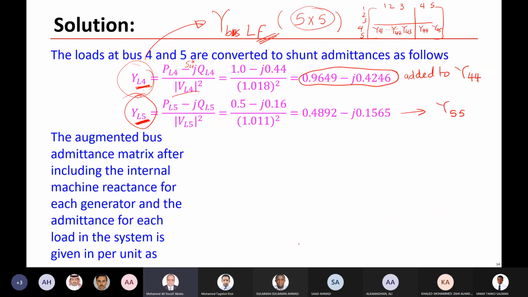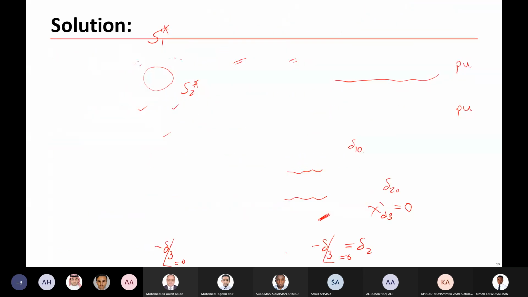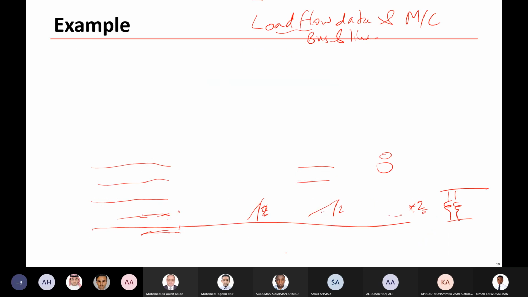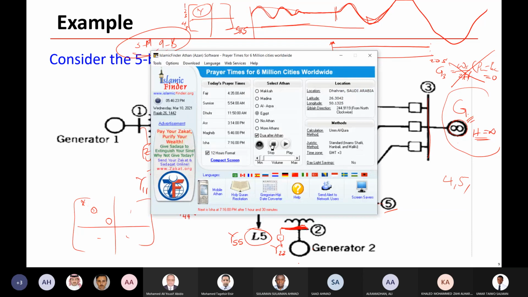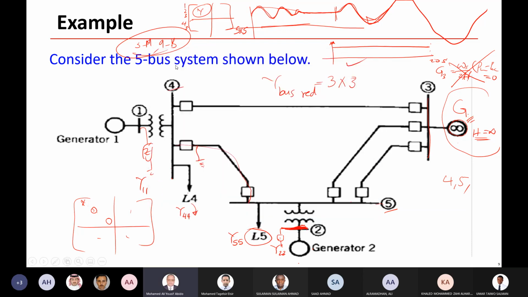If you look at the system configuration here, and if you have a solid fault here, how much power from generator 1 is injected into the system? What do you think? How much?